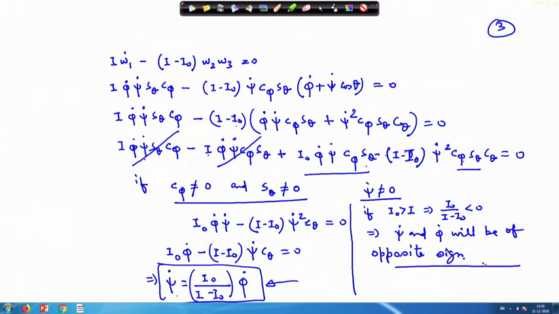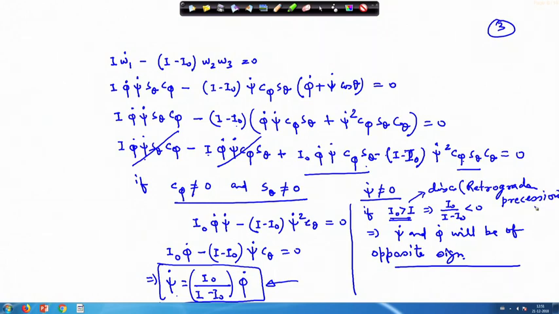Okay. This is the case we have been discussing, that once I 0 is greater than I, it means it is a case of a disk, okay, and this gives rise to the retrograde precession.